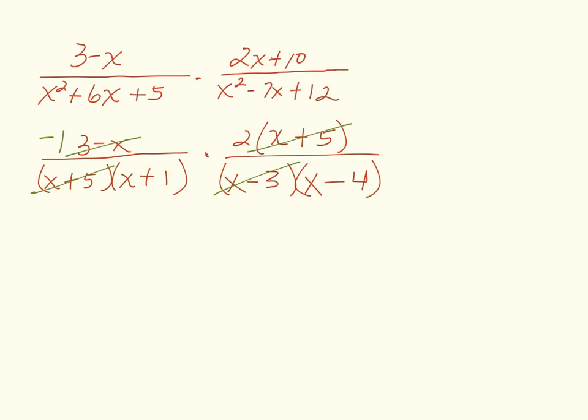So we have a negative now, and then a 2 in the numerator. So remember, all of these are 1s, everything that cancels. So a negative, then we have a 2 in the numerator, and x plus 1 in the denominator times x minus 4.